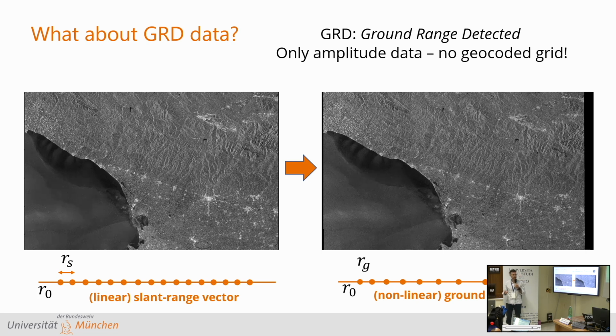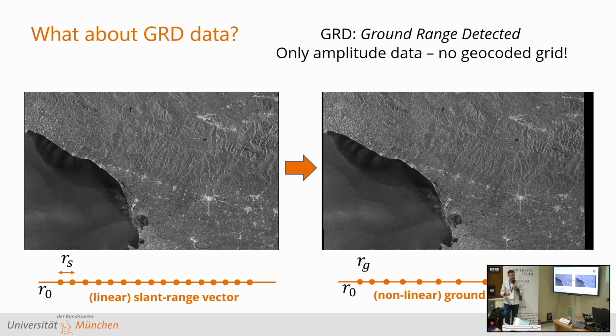So we have a projection from the slant range coordinate to the ground range. If you notice from these two images, they have the same length here, including this black stripe, but you see that the terrain here looks much shorter. This is way closer to the actual geometry, but it's not geocoded at all.